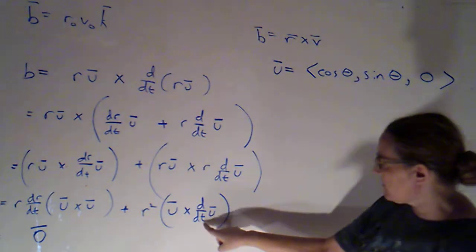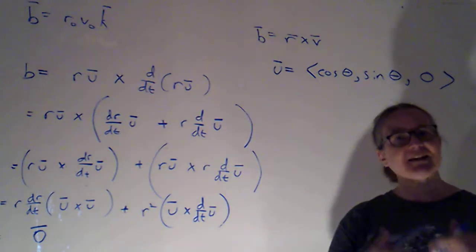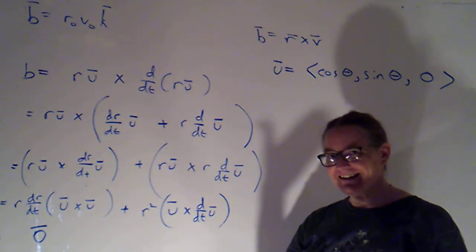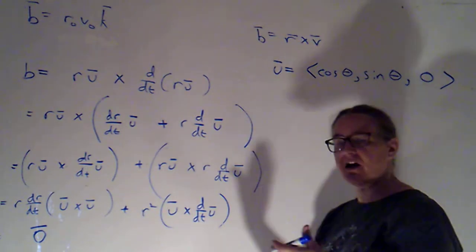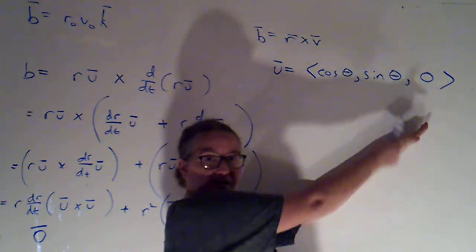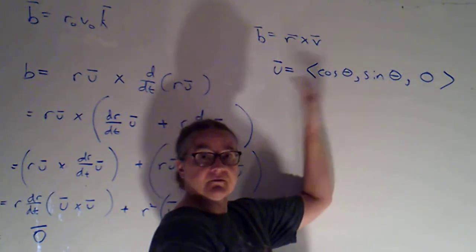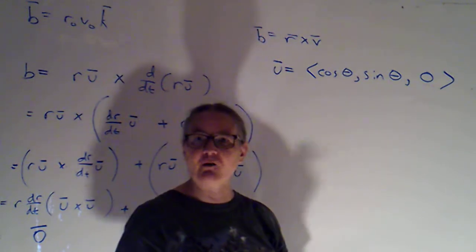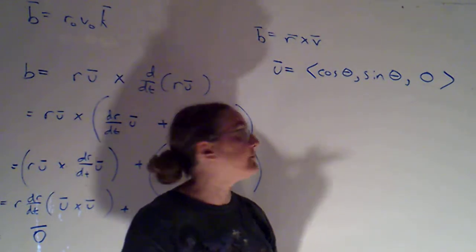I want to now calculate the derivative of that with respect to time. So I need to recognize that theta is a function of time. If I'm pointing towards an object that's at different positions at different times, the angle that I make with the x-axis is going to itself be a function of time.